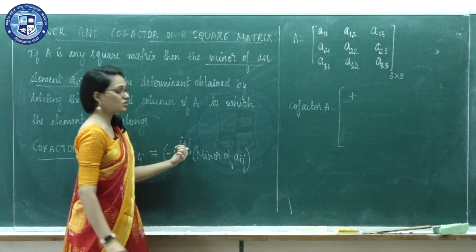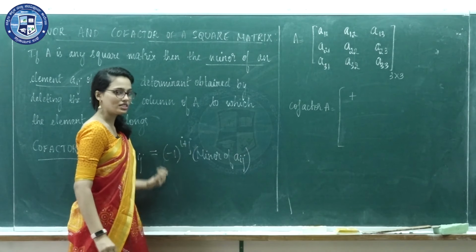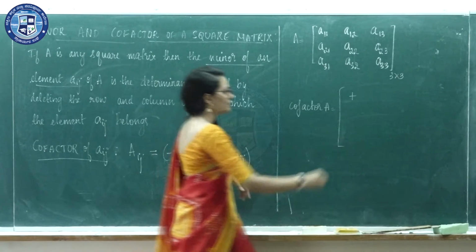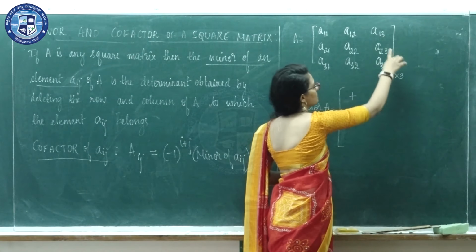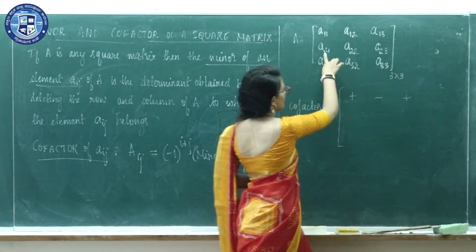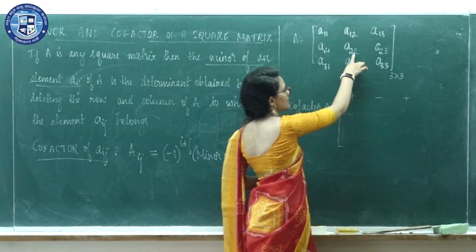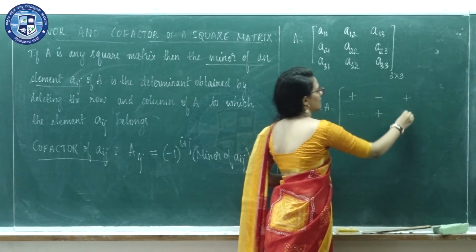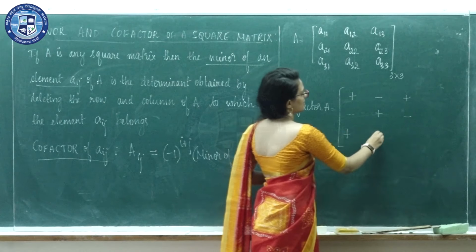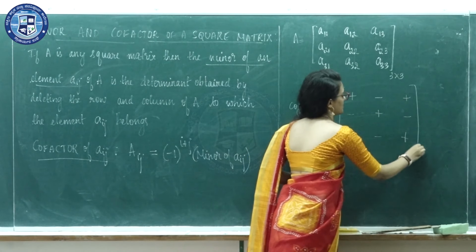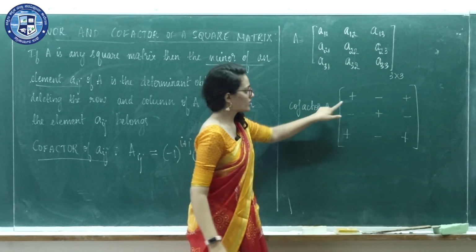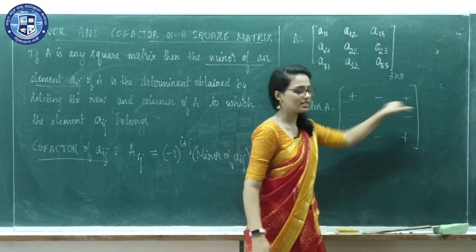So minus 1 to the power 3, odd power, so we will get minus. Similarly, this will be even, so positive. This is odd, negative, positive, negative, positive, negative and positive. Okay. So you can see the signs are alternating.